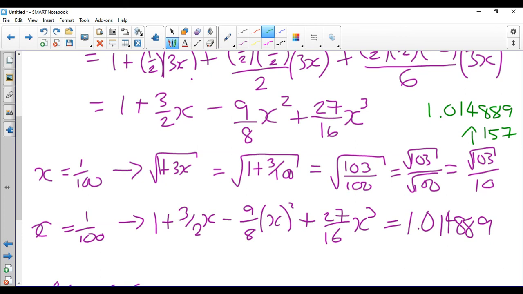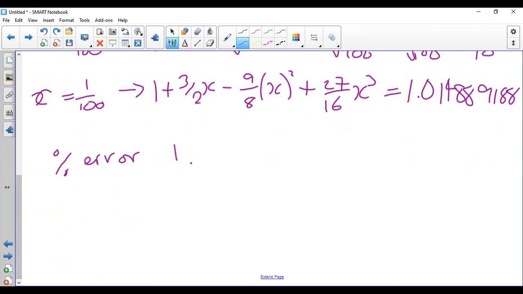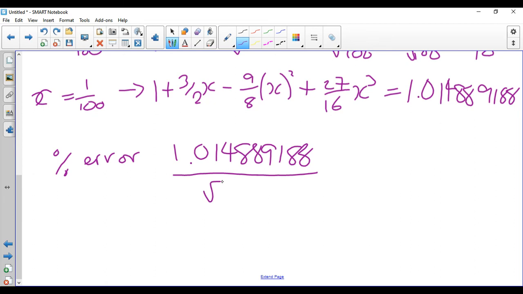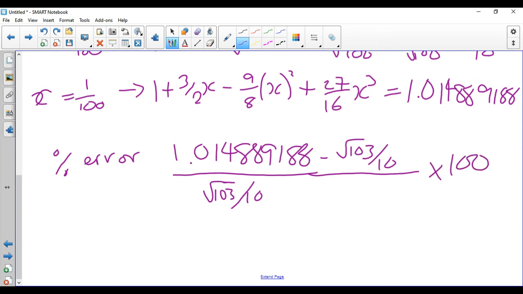So let's go back to that one and add on to the end of it 9188. So if I do my predicted, 1.014889188, minus my root 103 over 10, and divide it by the actual, times by 100.